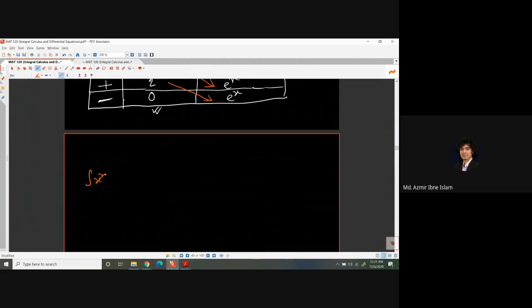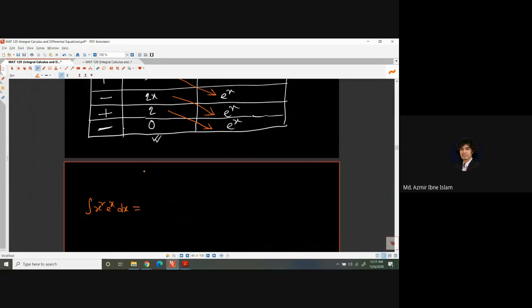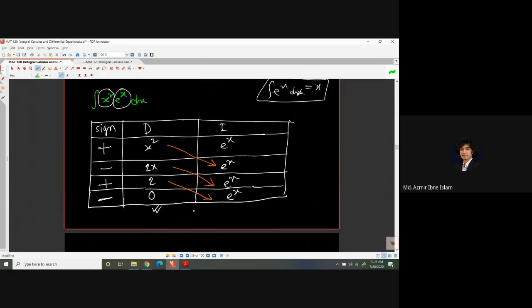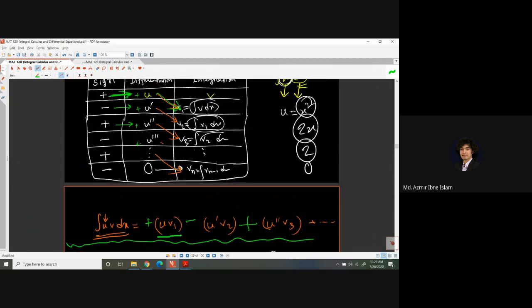Integration of x squared e to the power x will be the multiplication of x squared and e to the power x. At first I am writing the product forms. All this will be in product form. Okay, so x squared e to the power x, see I am writing all these things in parentheses, just like this one.